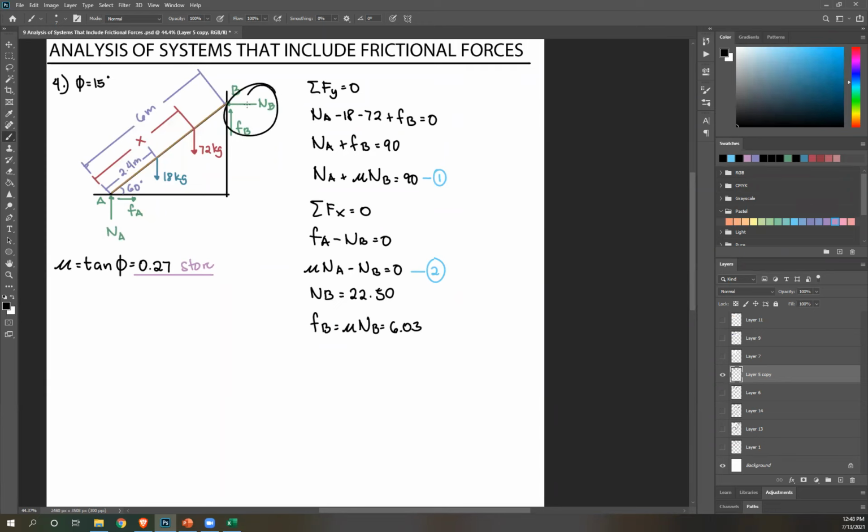Okay, now I have these two. The next step is to use moment. So summation of moment at A equals 0. Let's start with 18. Rotate about A, that's clockwise, so positive 18. How do we get this perpendicular distance? Well, we've noticed that perpendicular distance forms the base of a right triangle.